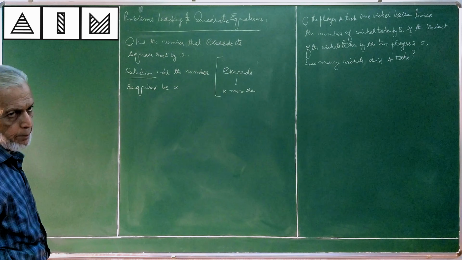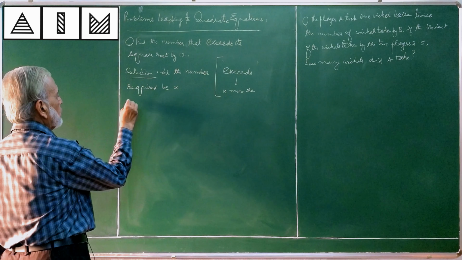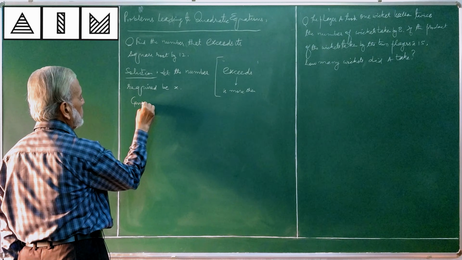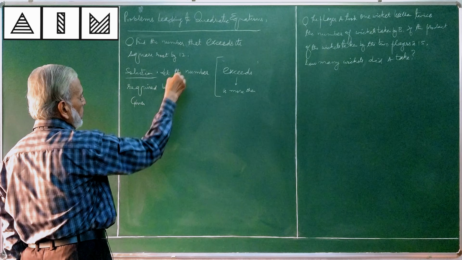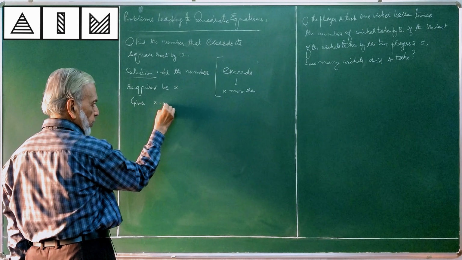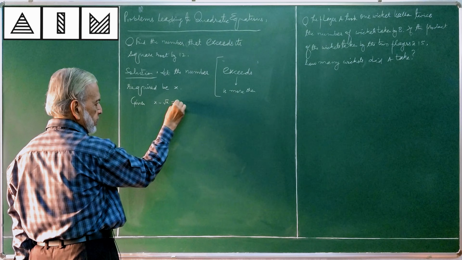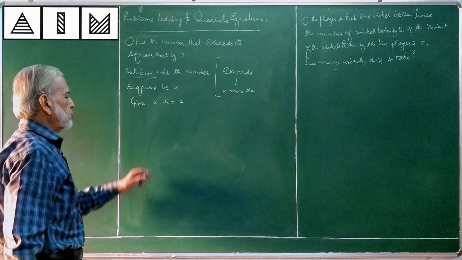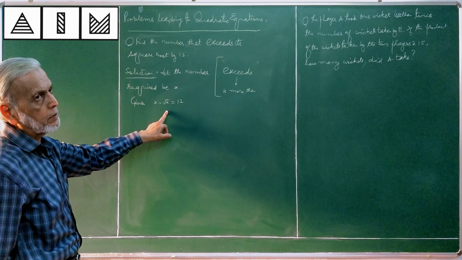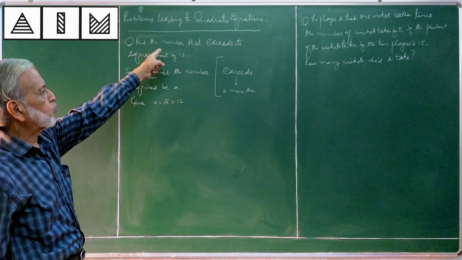Let the number required be x. Given: the number is more than its square root by 12. This is the number, this is the square root. Their difference is 12. That is what the question says.